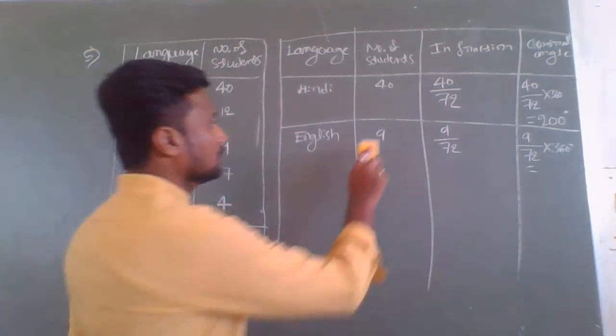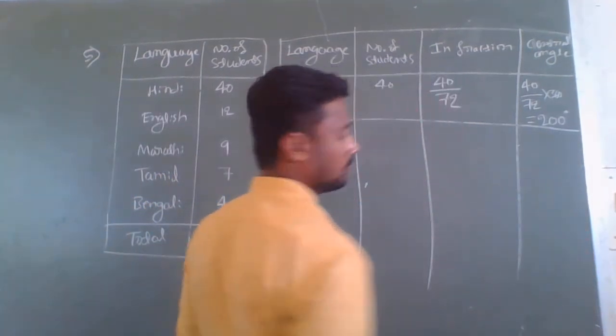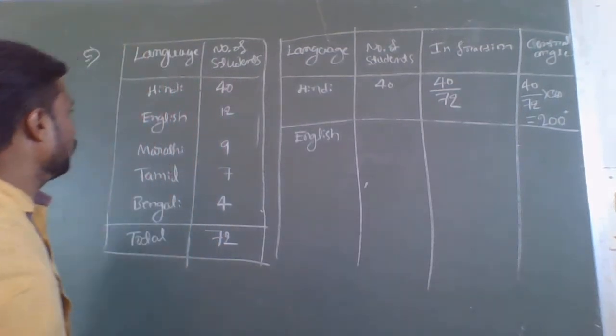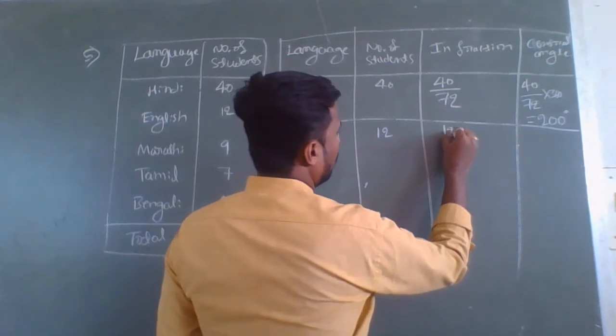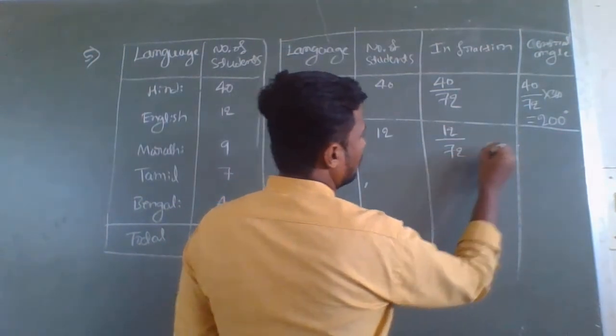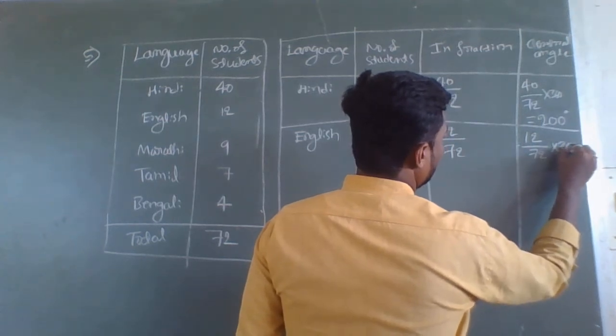So here I will change. It is 12 for English. Therefore here I will write 12 by 72, and again 12 by 72 into 360 degree.